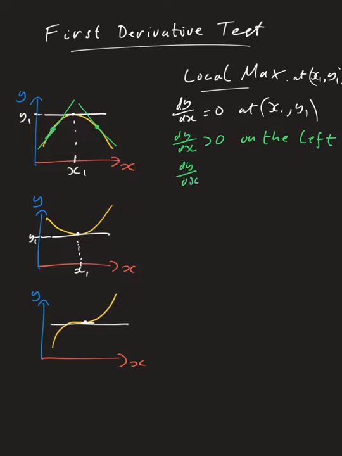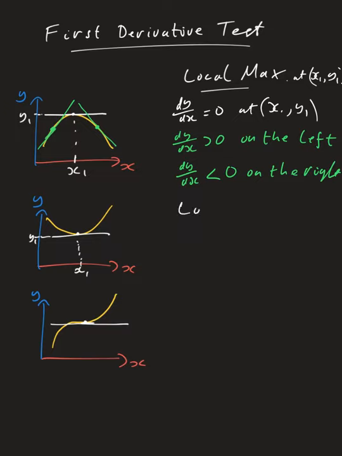And dy dx should be negative or less than 0 on the right. So you can see that for a local maximum, the tangent to that curve has a positive slope to the left. As you come around the top, it goes flat, that's your stationary point. And as you come over the top, that tangent becomes negative again on the right. So you go positive, 0, and then negative.